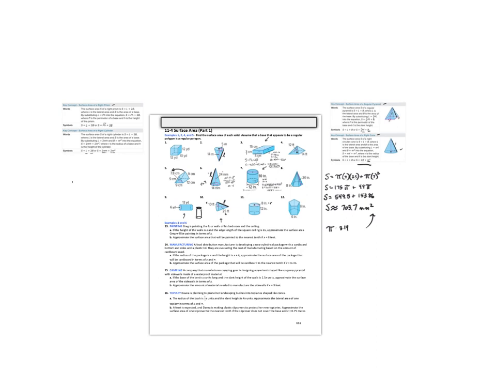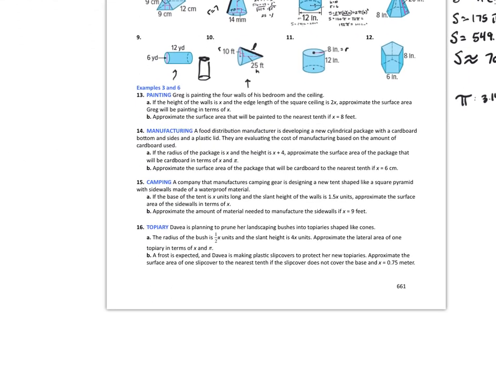Filling in the formula, identifying the formula, using the characteristics of these to work with the formula on that geometric figure. Looking here, if I use some more information, let's see here, manufacturing based on the amount of cardboard. I'm looking here at number 3, painting.